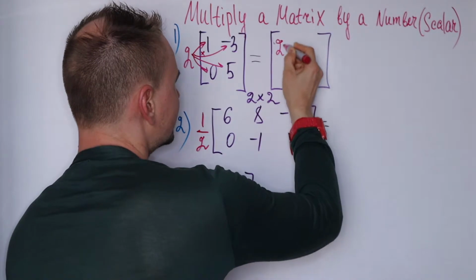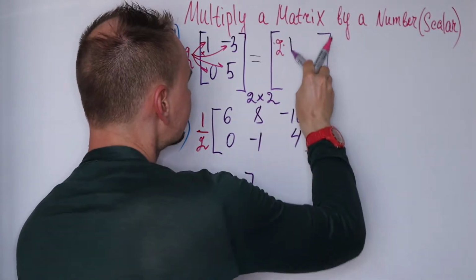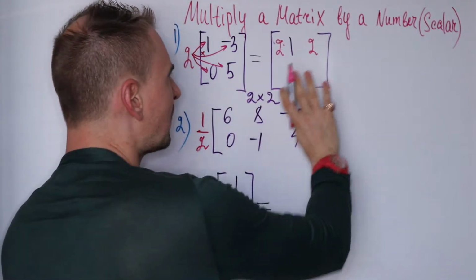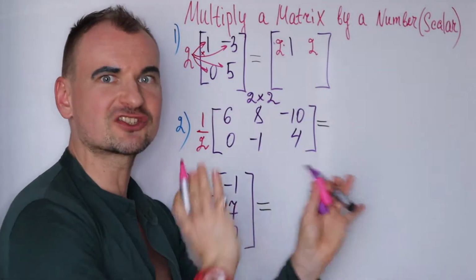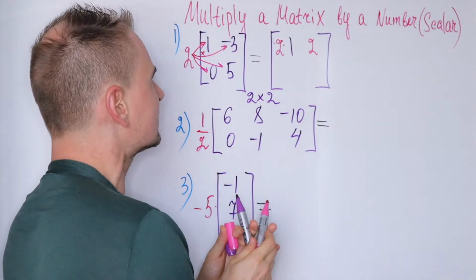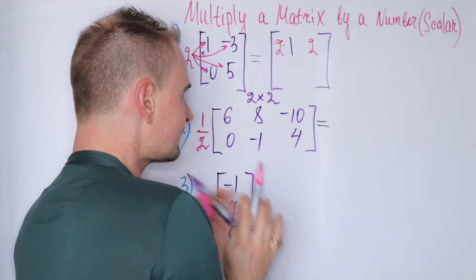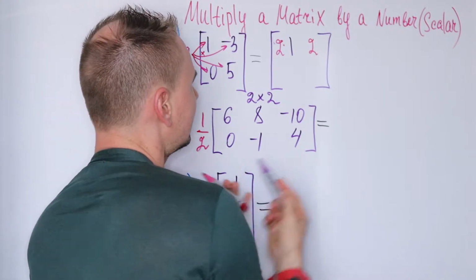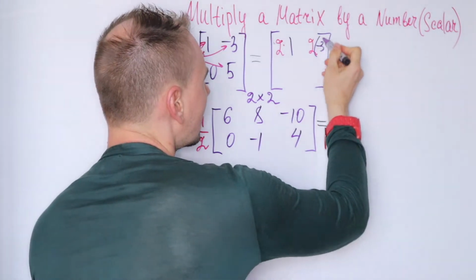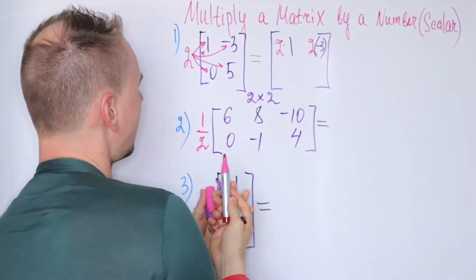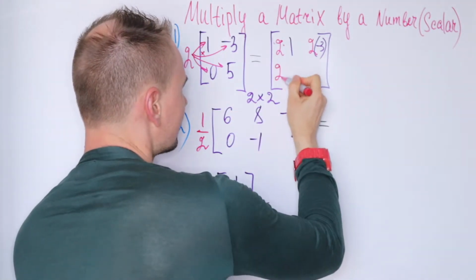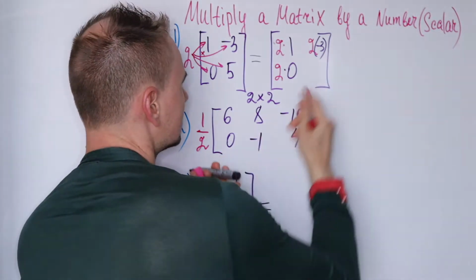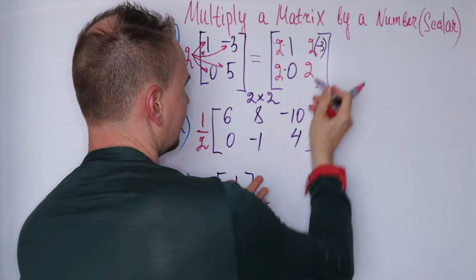Now it becomes just 2 times 1, 2 times -3, and make sure you place it in the corresponding positions in the resulting matrix. So 2 times -3, and the second row becomes 2 times 0, and that element 2 times 5.